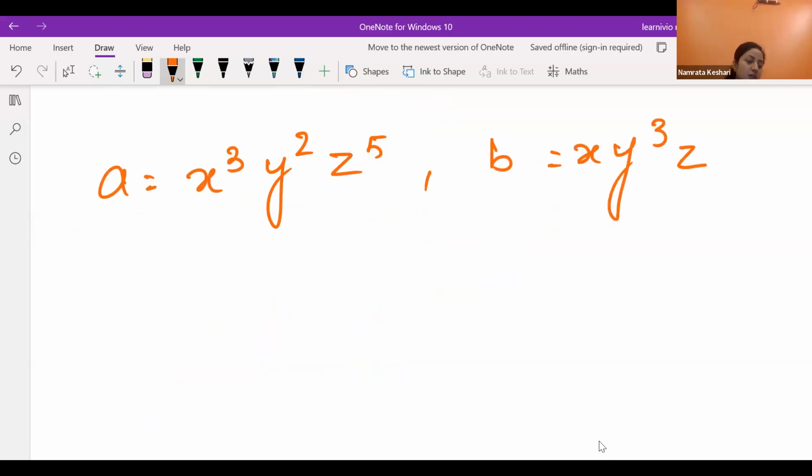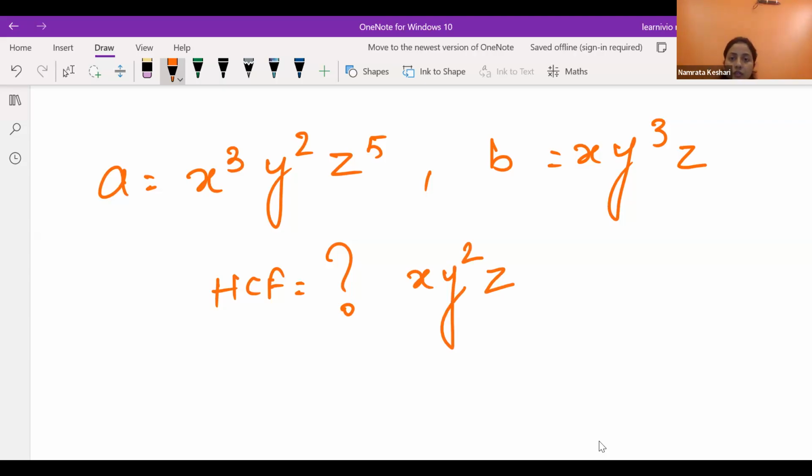Please tell me what will be the HCF of these two. X y square z. Is it so, Ritvika? Oh, yes, ma'am. X y square z.